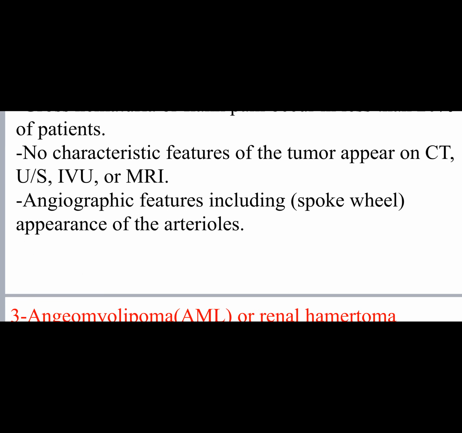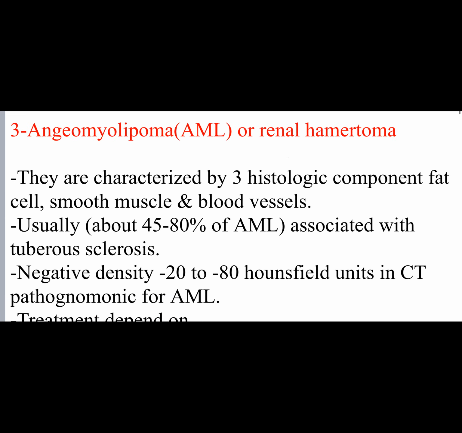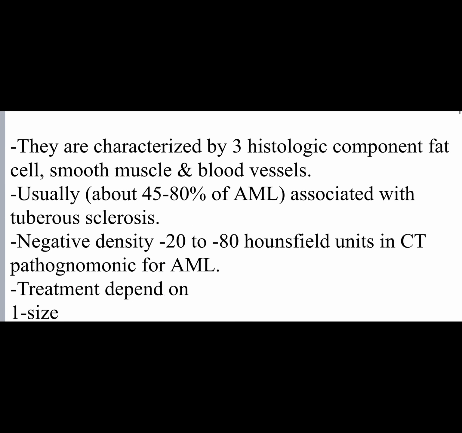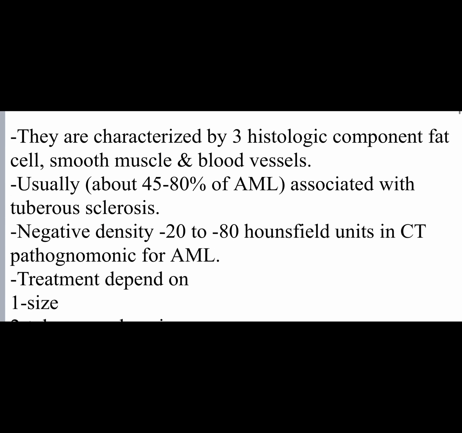The third one is the angiomyolipoma, AML, or renal hamartoma. They are characterized by three histological components: fat cells, smooth muscle, and blood vessels. This criterion is very important for the diagnosis and identification of AML, and we can identify it by CT scan.